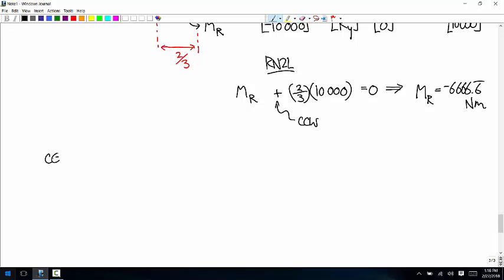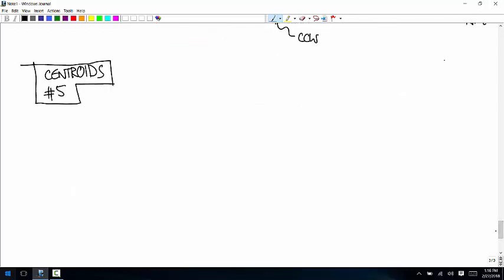So centroids number 5. It looks pretty much like the one we just did, but the cantilever is on the other side.